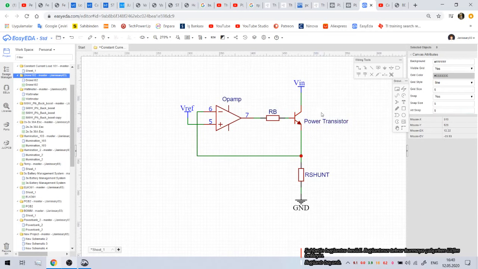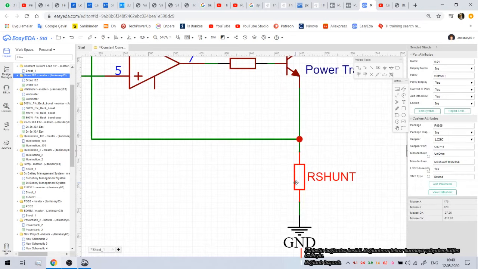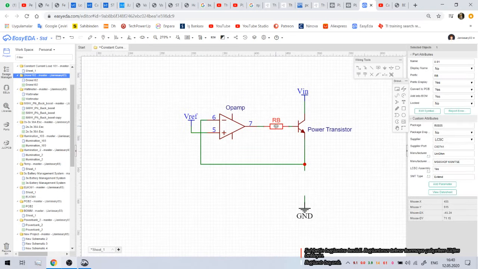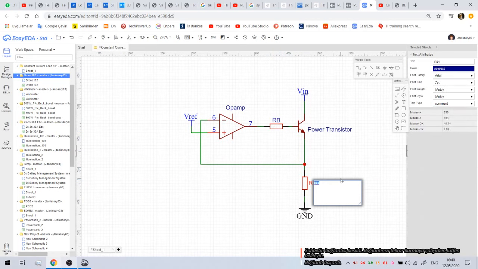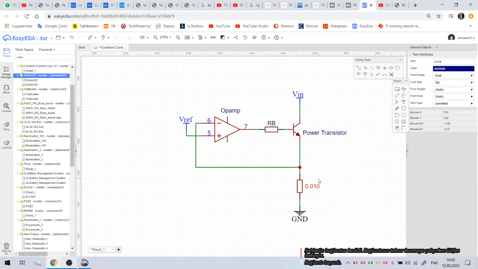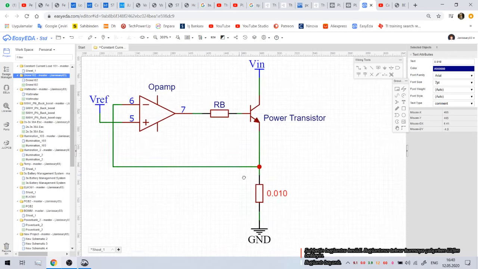I want to show you also, and this, yes, I want to use 0.01 ohm because I will also explain this.